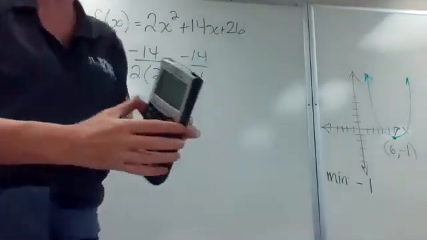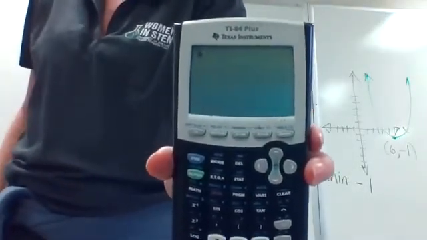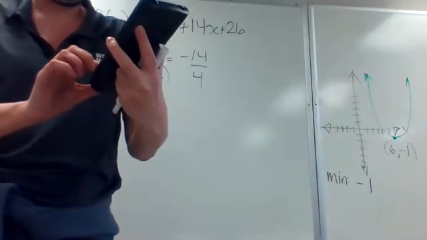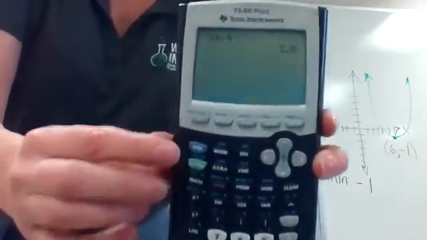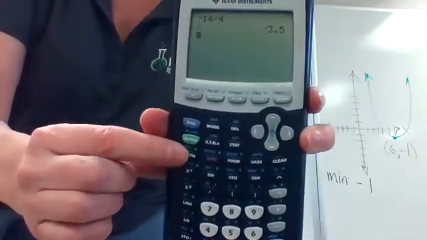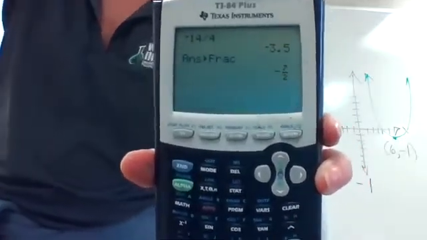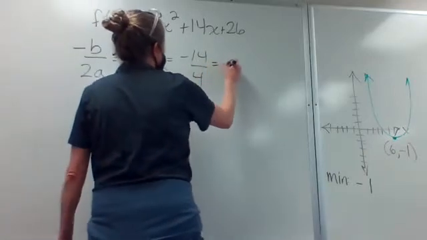I can just go to my home blank screen, type in -14 over 4. When you hit enter, you see it's a decimal. Just hit your math and then enter twice. So math, enter, enter will reduce that for you to -7 over 2.